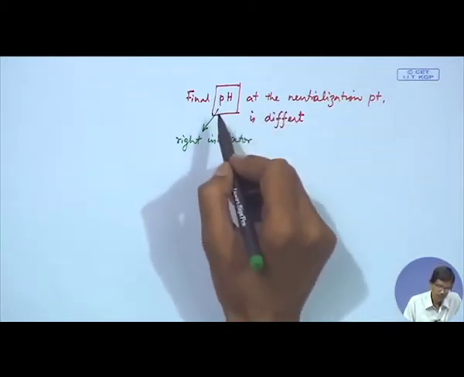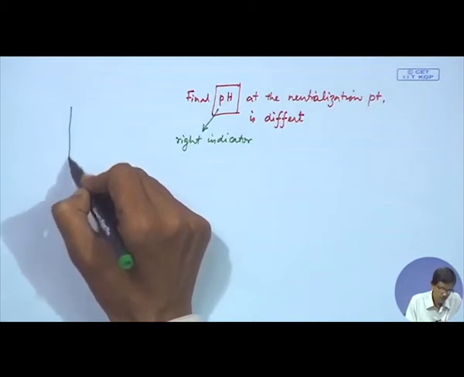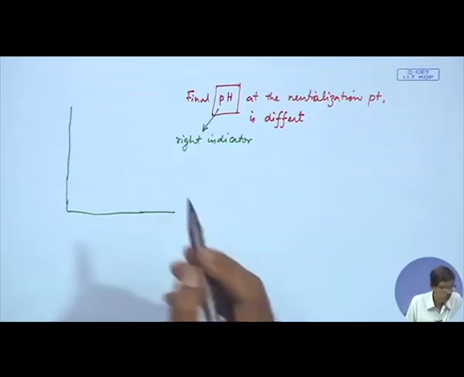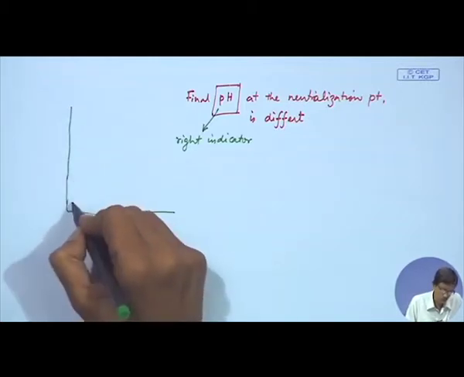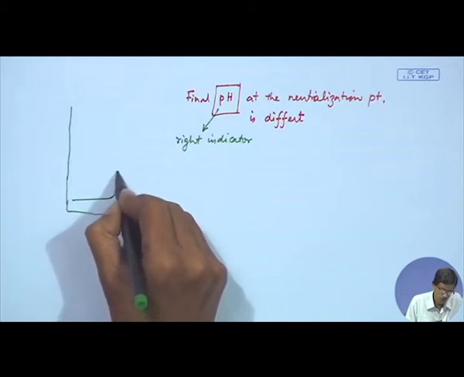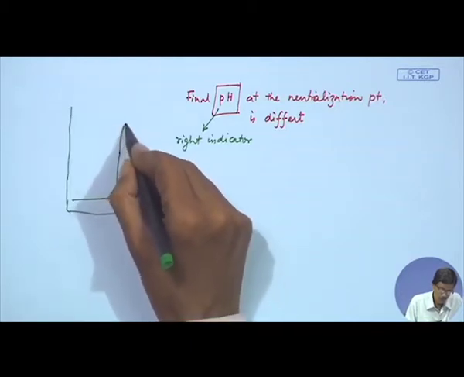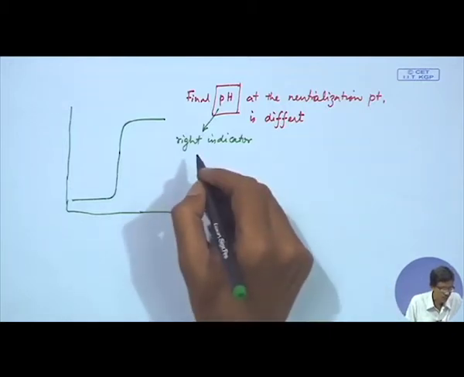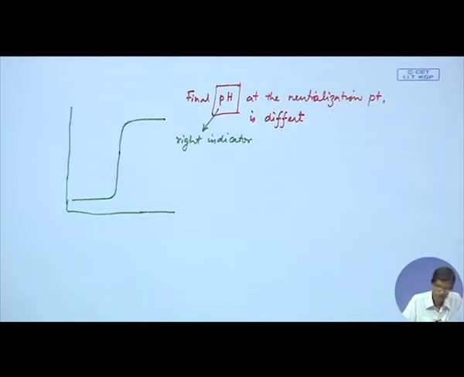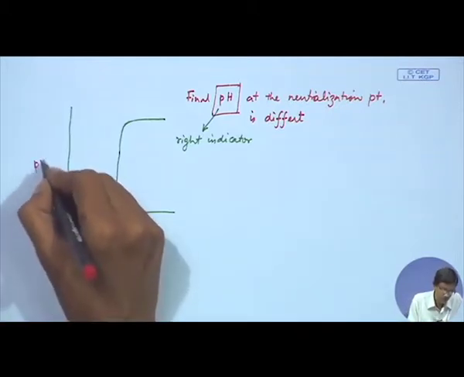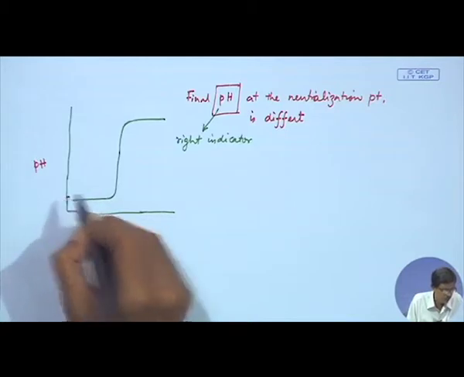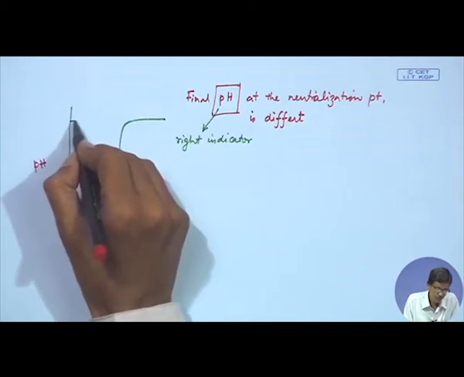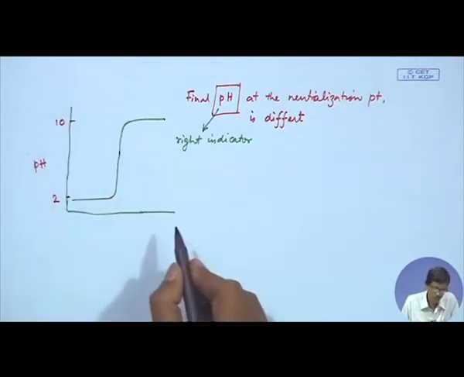This pH basically is changing over a considerable range. What we know is that if we follow the titration curve from a low value of pH to a high value, crossing that particular end point, we get this plot against pH, with pH starting from say 2, to 10, then 12 and 14.